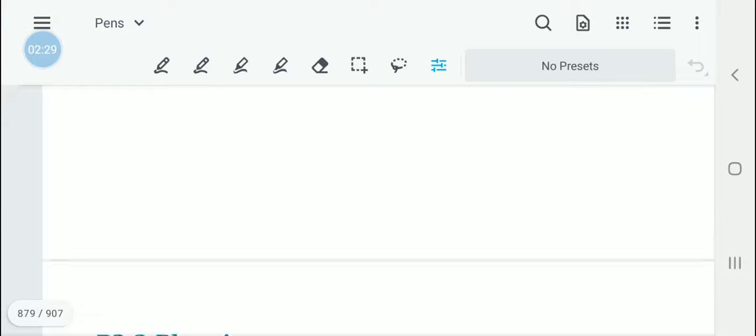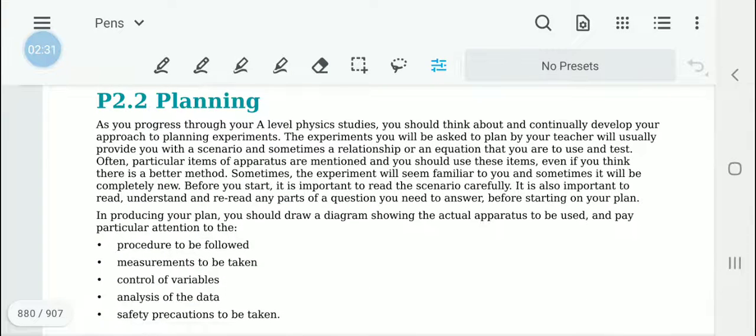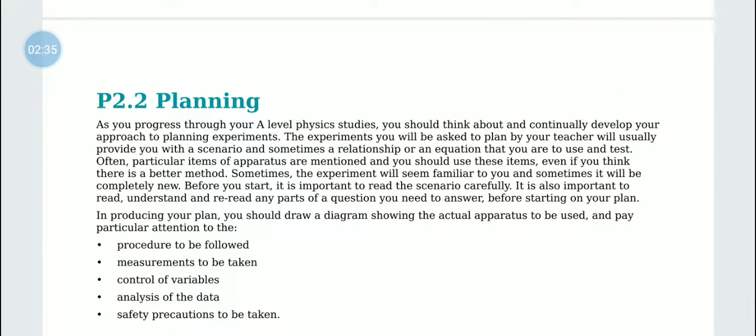So now the first step is planning. How to plan an experiment is one thing that you will need to understand. The first thing you need to do is create this scenario in your mind and relate it with an equation that you are going to test.